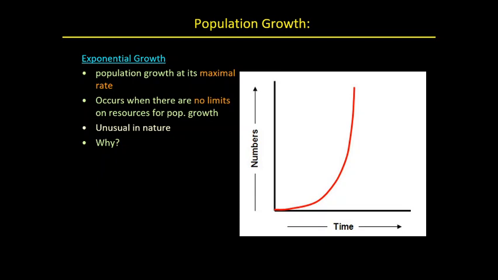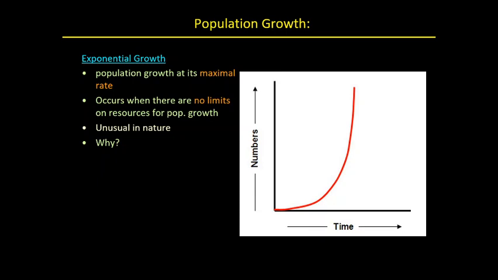In terms of populations, this is representing populations growing at their absolute maximal rate. That would be like if every female in the population is having as many offspring as she can, this is what would happen to a population. In nature, this only occurs in rare situations where a population has no limits on the resources that they have available.